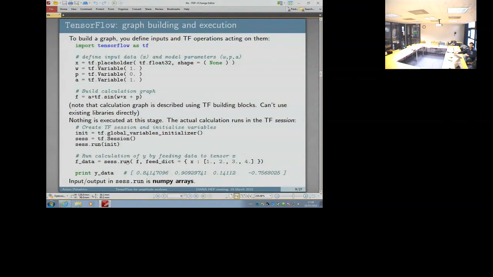So when you write session.run, TensorFlow will compile this graph, and then using this feed dictionary, you are feeding your data into this graph, and as a result, you get the output. So you're feeding 4 values, you get the output, which is also 4 values, for instance. So the input and the output for the session run are just commonly used NumPy arrays.